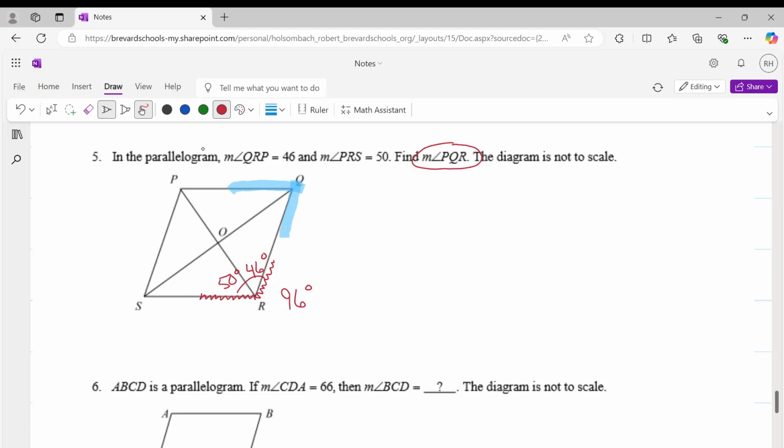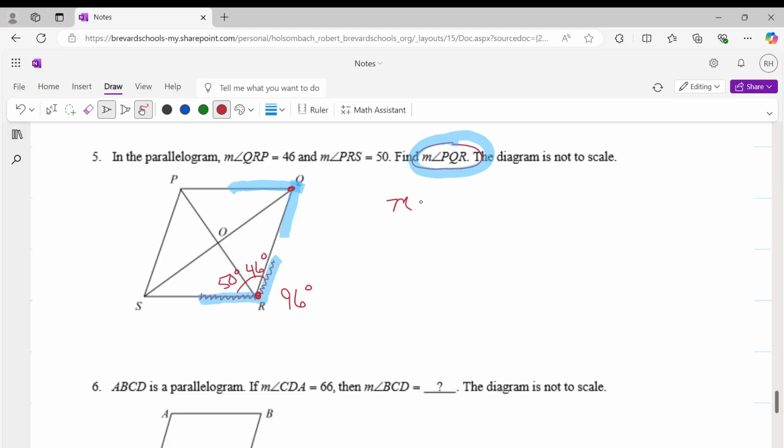Now, the angle that we just found the measure of and the angle that we need are consecutive angles. If we're going around this parallelogram, either clockwise or counterclockwise, when we're at point Q and we go clockwise, the next vertex we hit is point R. That makes them consecutive. Consecutive angles are supplementary.